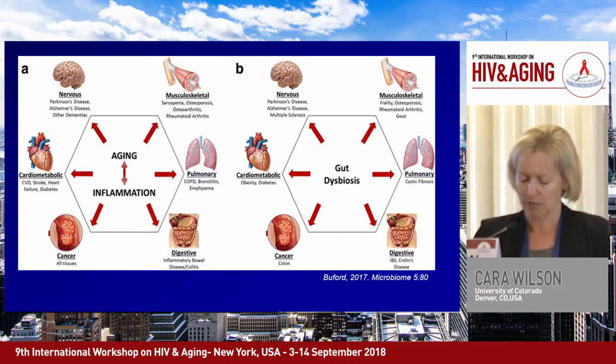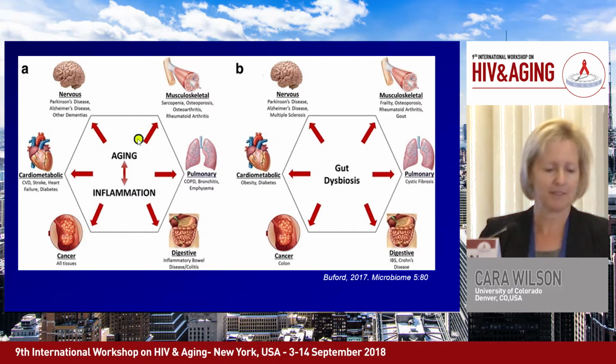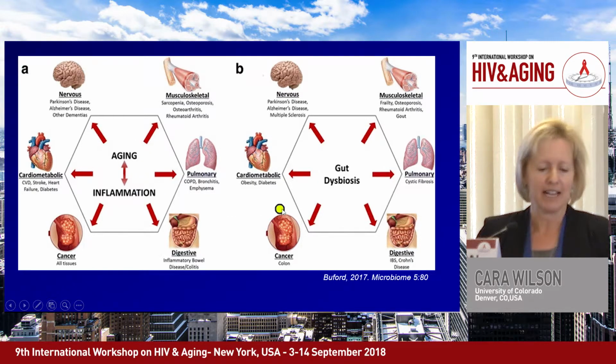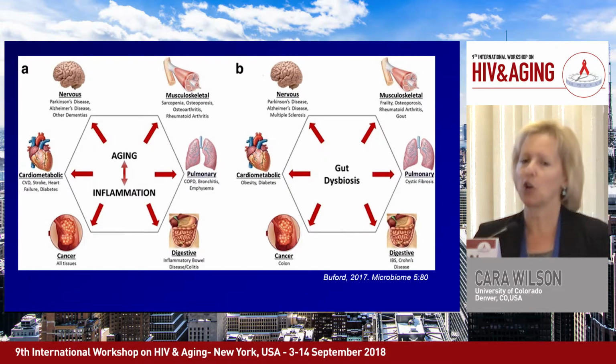What he found was that aging, inflammation, and the microbiome have independently been linked to a number of comorbid conditions that look awfully similar. And so he said, it's not really a stretch to think that these things might be in a common pathway.